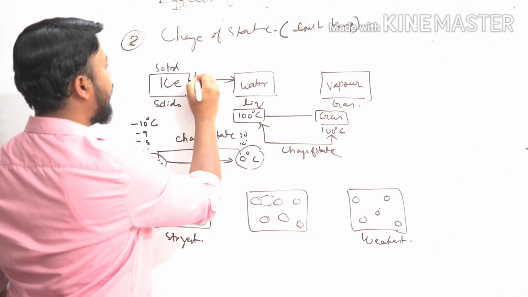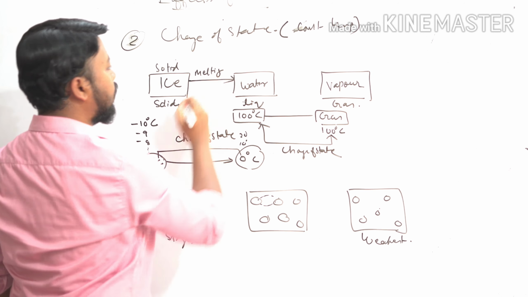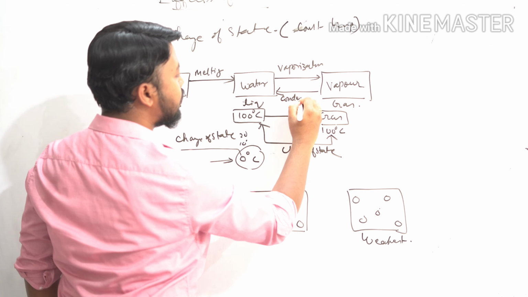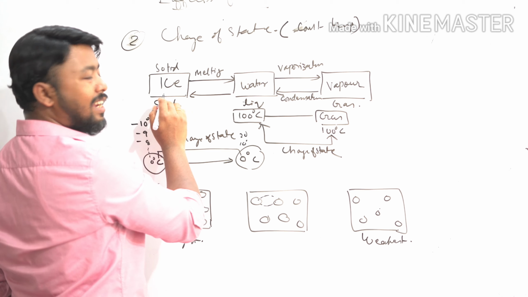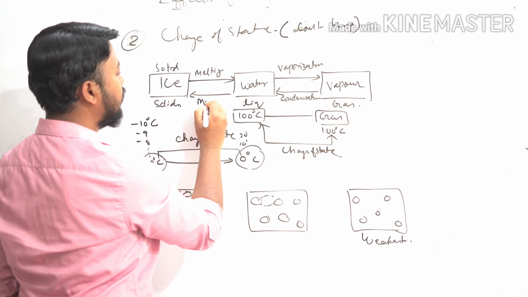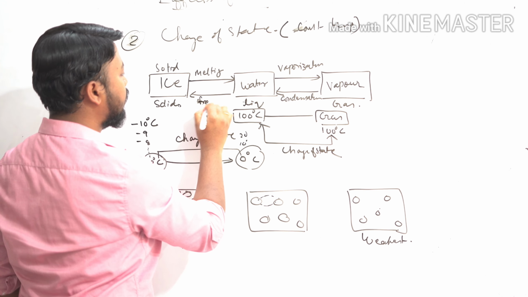Now, when ice converts into water, this process is called melting. When water converts into vapor, you call it vaporization. And when vapor turns back into water, it is called condensation. And when water forms ice, the process is called freezing.